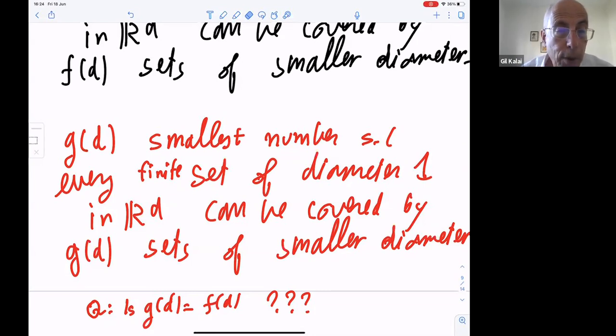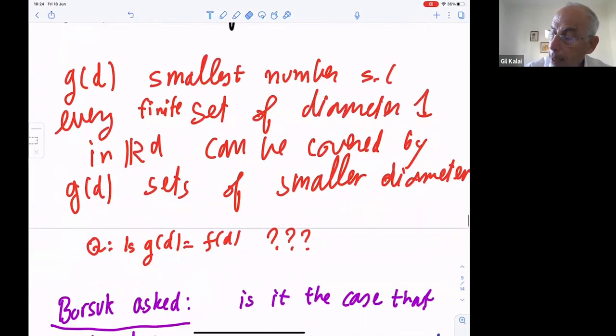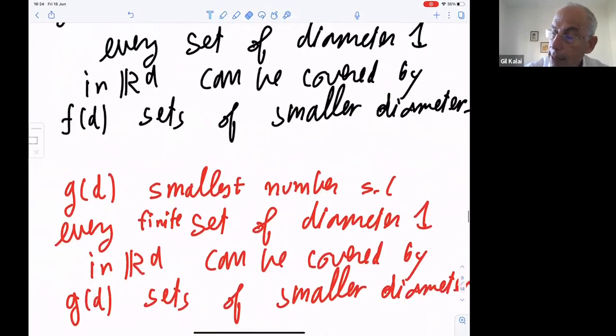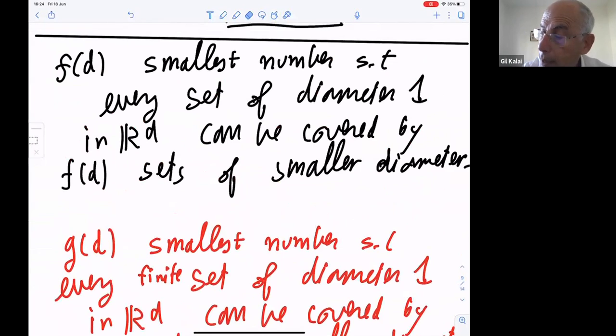And it may well be the case that these two functions are not the same. But Borsuk asks, is it the case that F of D is equal to D plus 1? So is it the case that every set of diameter 1 in R^D can be covered by D plus 1 sets of smaller diameter? And this is a very nice problem.